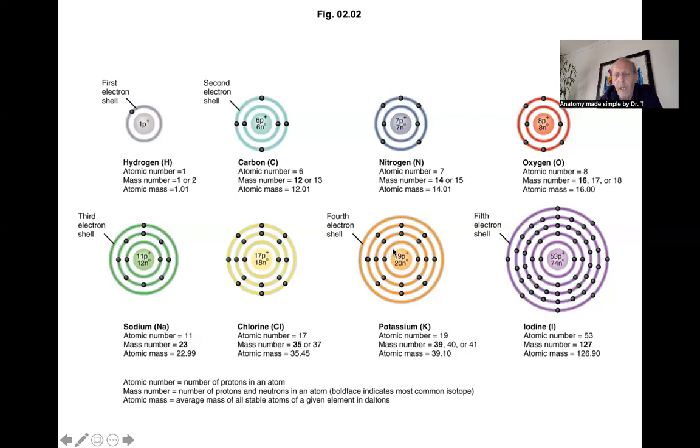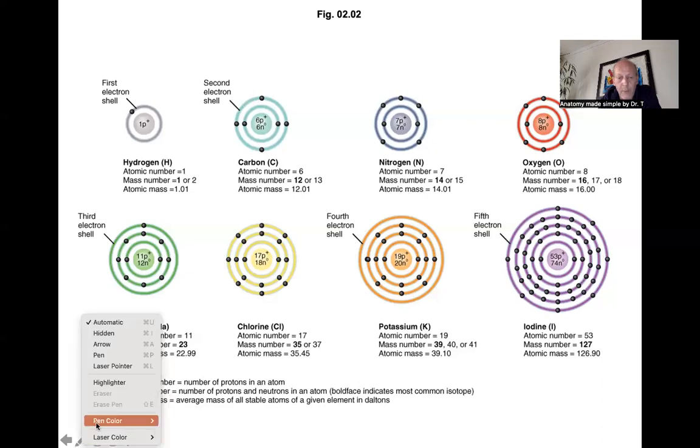Potassium already has 3 electron shells, which are filled up with 2 plus 8 plus 8, so 18 electrons. And its fourth electron shell should have at least 1 extra dark dot, which is not illustrated here. That's why I'm asking if you can add it. That would be even better and nicer.